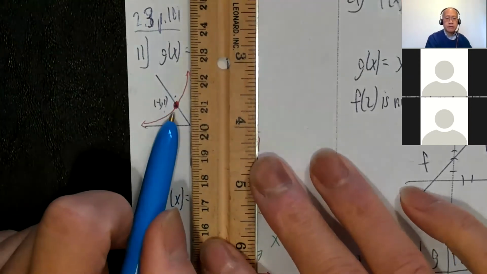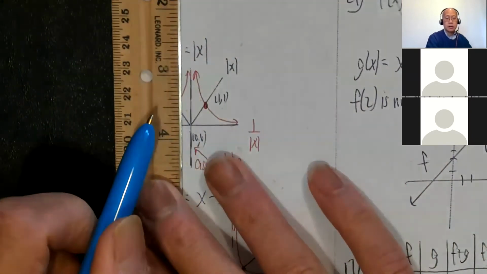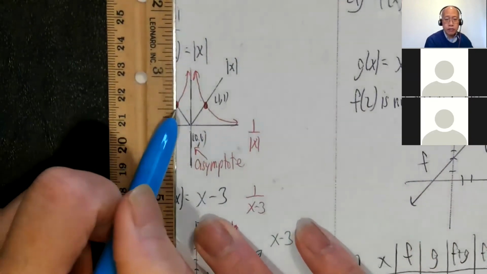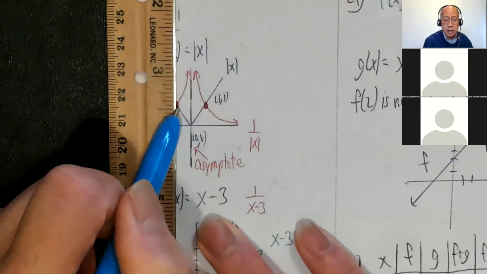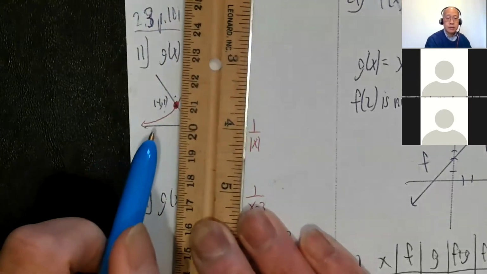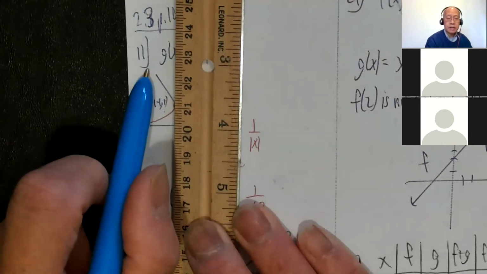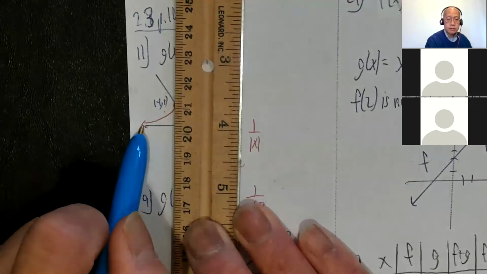And do the same thing here. They touch at -1, 1. Then if we look at the original absolute value function, here it goes down, right? So if this goes down, this goes up. One increases, one decreases. And then over here, the black graph goes up, that increases, so this decreases.